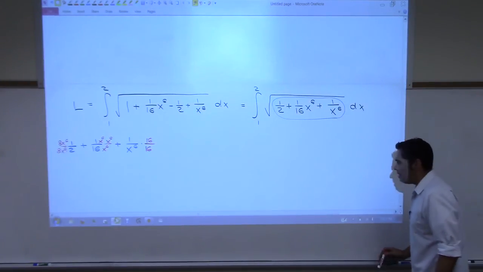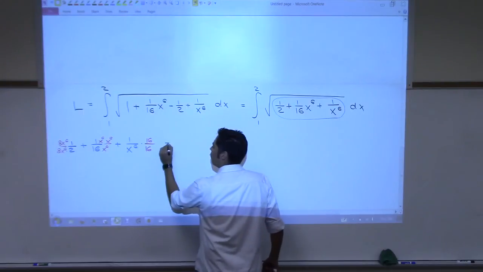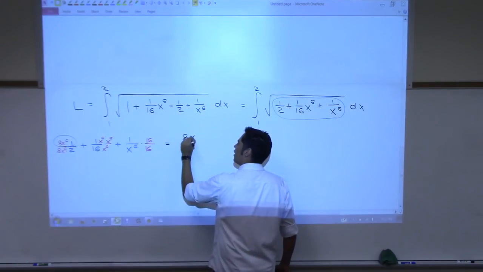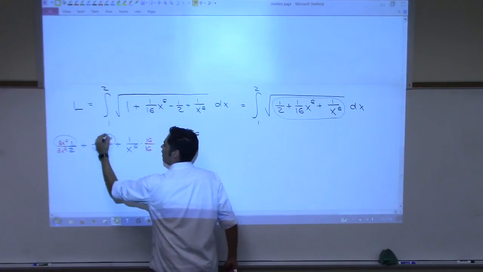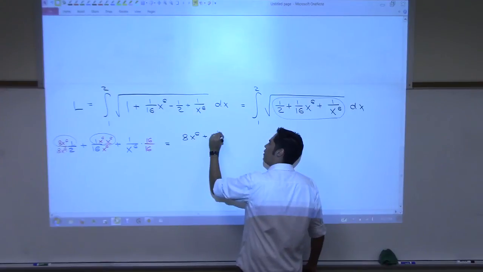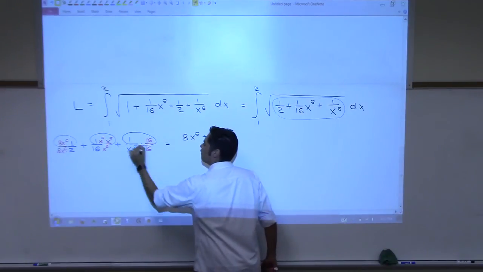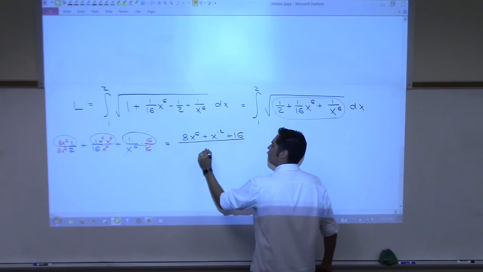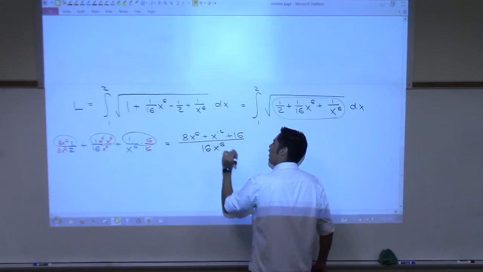All right. Now, put these together. What's the new numerator right there? 8x to the 6th. What's the new numerator here? X to the 12th. What's the new numerator here? 16. All over the common denominator. Okay.